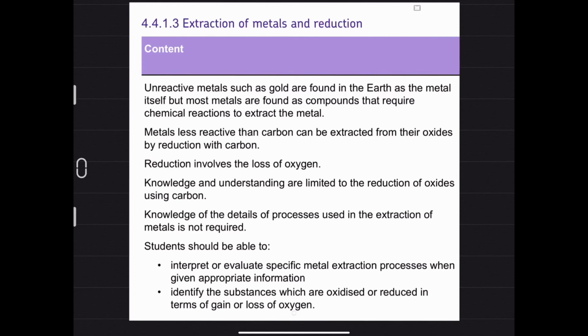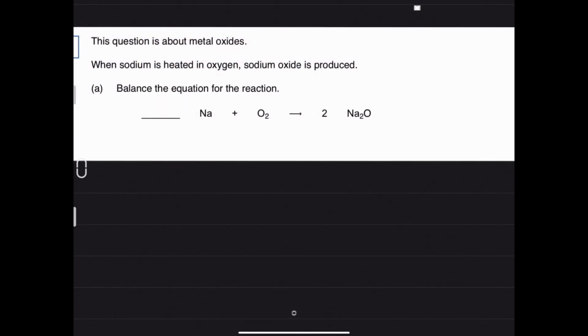You need to be also familiar with the products that are formed, i.e. carbon dioxide when reduction with carbon is being undertaken, and water in the form of steam when the reducing agent is hydrogen.